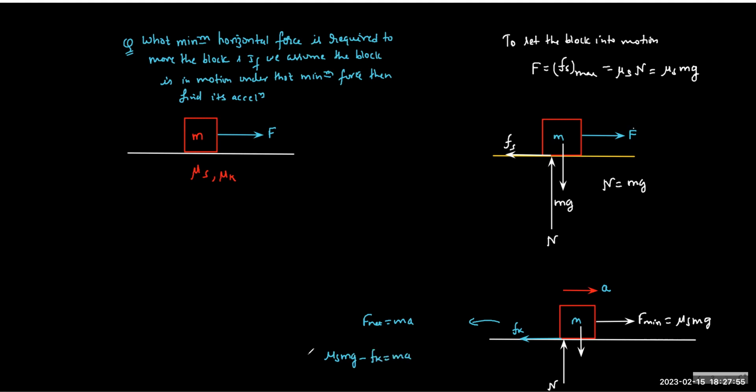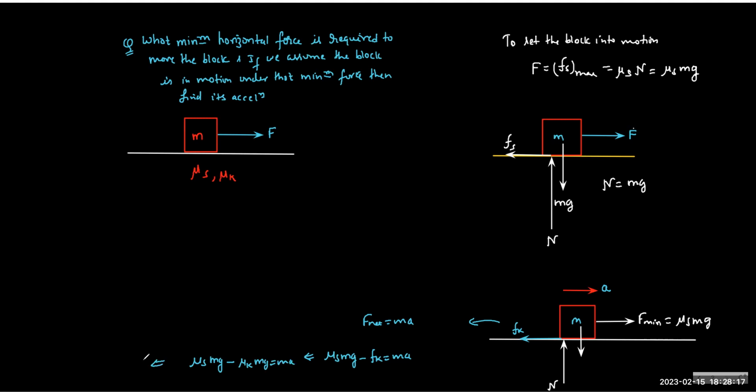What is Fk now? What is the formula for Fk? Tell me. Mu-k mg. What is N again?